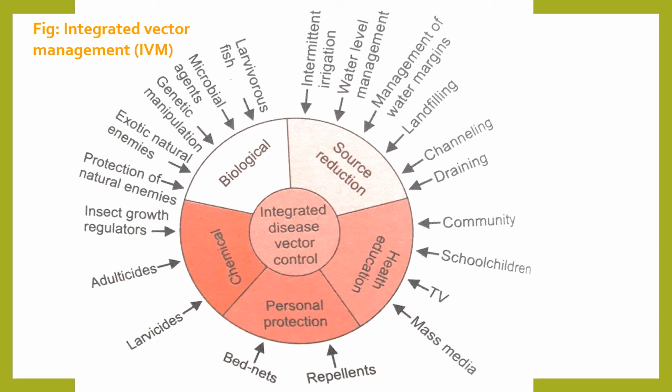Again, you can support this with chemical control, that is use of various insecticides. Then use of personal protection, like using mosquito nets and repellents. Though it is temporary, it gives quick result. And most important is giving health education to communities, school children through mass media.